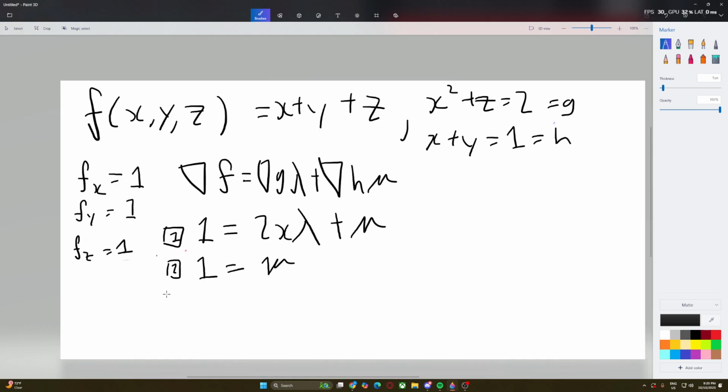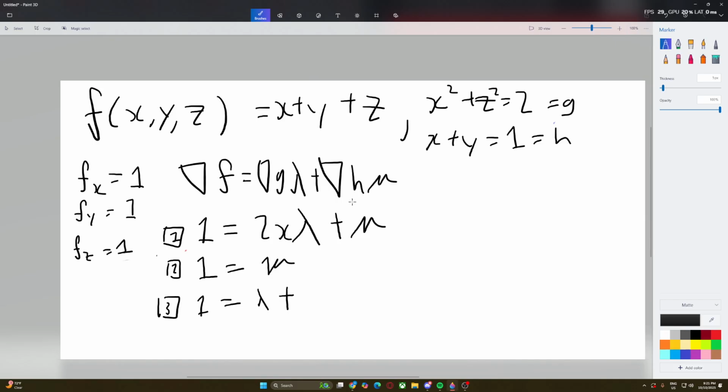And then we'd have equation 3, 1 equals, with respect to z, this would be 1. Oops, it's supposed to be squared, my bad.